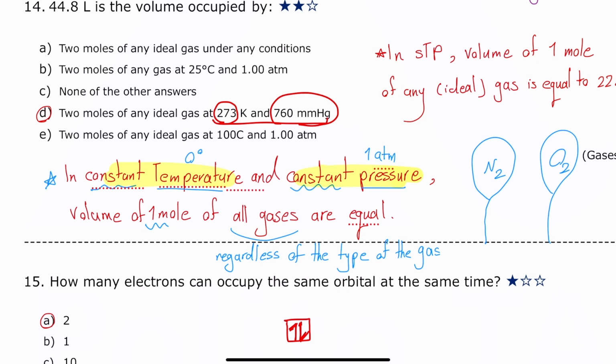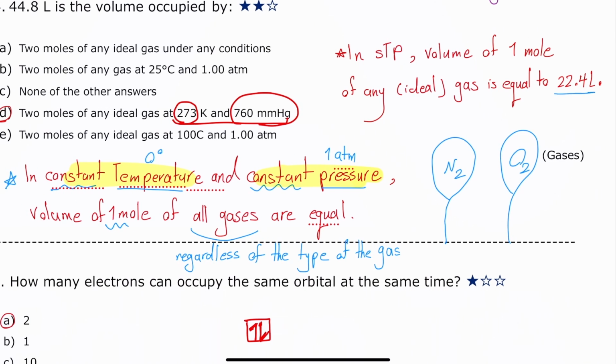Then all gases would have equal volume, and if we measure this volume, it would give us 22.4 liters. This is so cool. This is why it is an important number in the stoichiometry of gases.